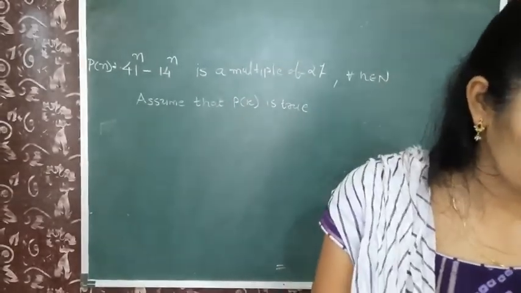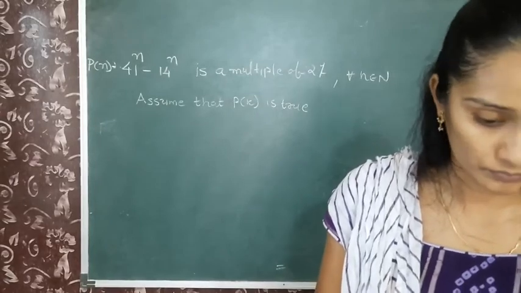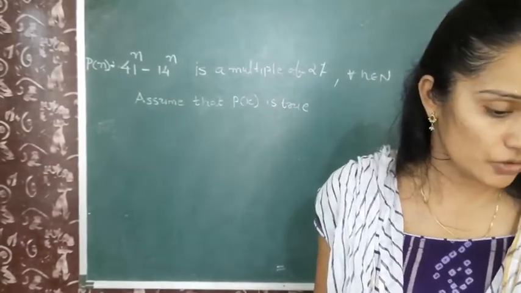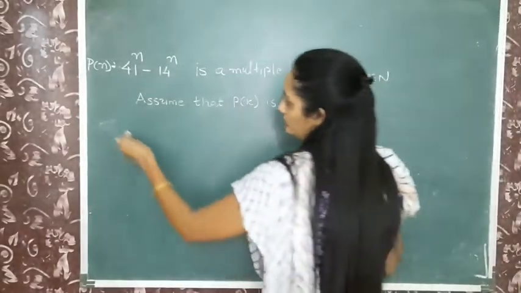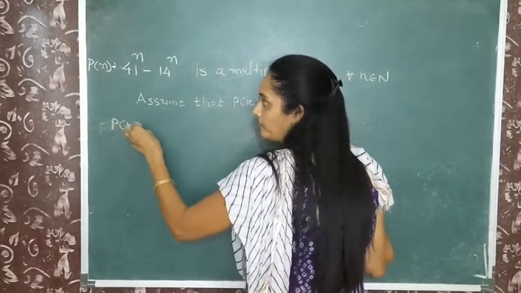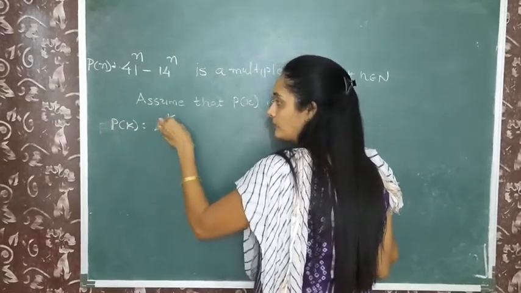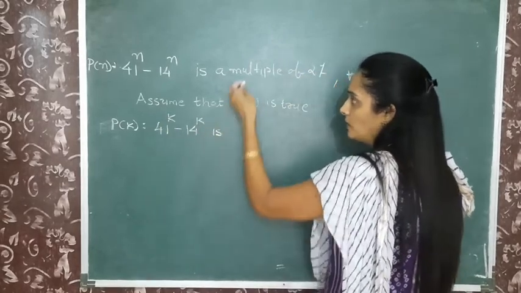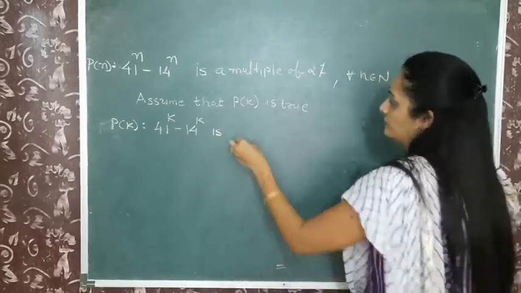Okay. And then we have to prove P of k plus 1 is true. Here not divisible, multiple.